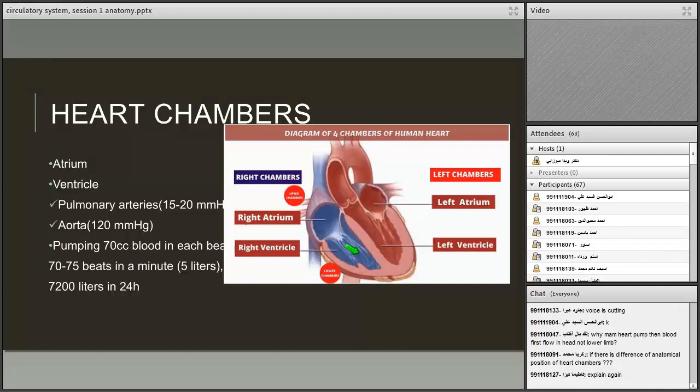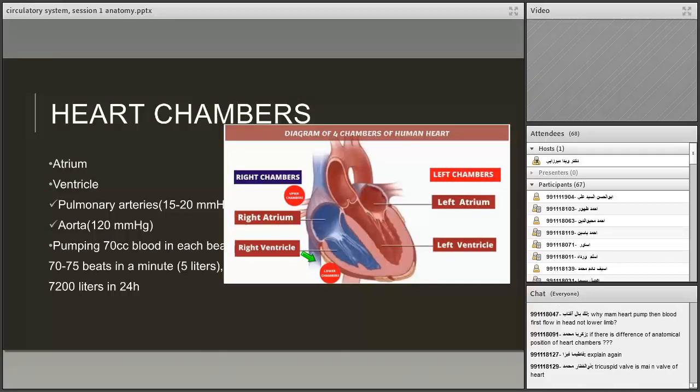Okay? The deoxygenated blood will be carried to the right atrium from the head and the upper parts by the superior vena cava, and from the trunk and the other parts of limbs by the inferior vena cava.